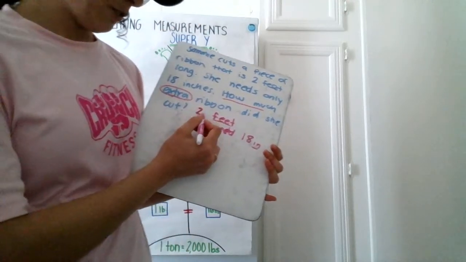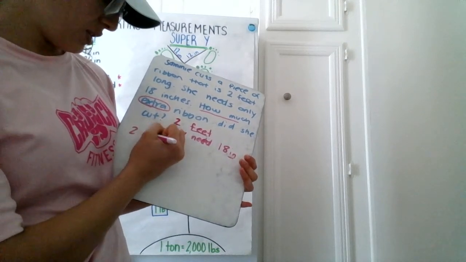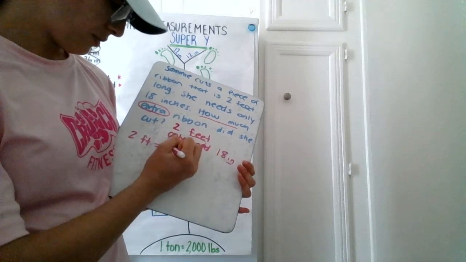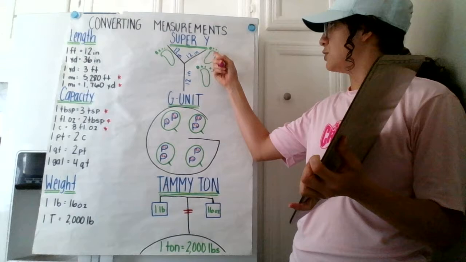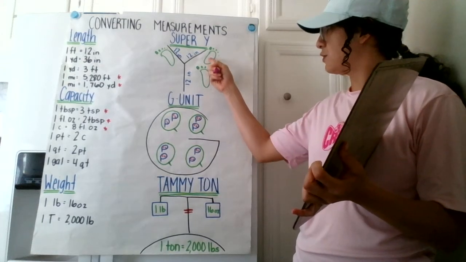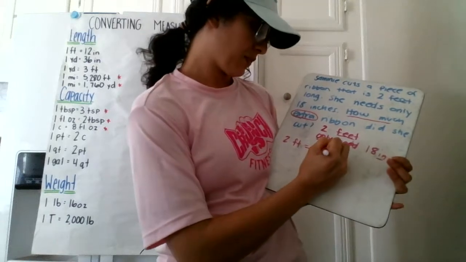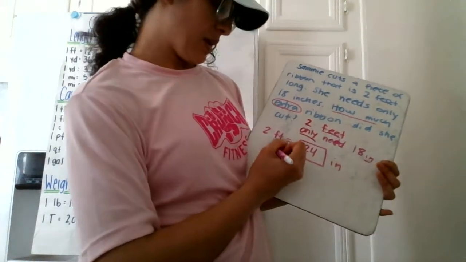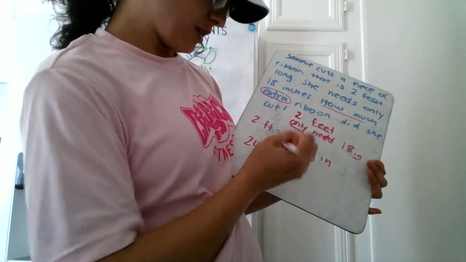So first I need to figure out how many inches are in 2 feet. That's easy. Just look here. In 2 feet, each foot has 12 inches, so 12 plus 12 is 24. So I have 24 inches in the 2 feet.